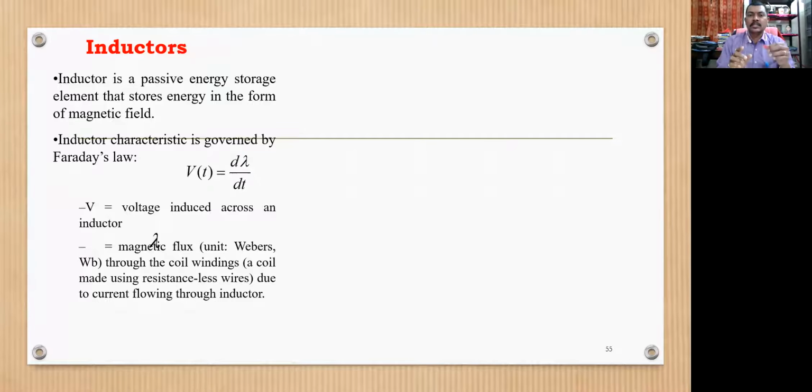We have studied the chapter electromagnetic induction in 12th, where we studied in depth how magnetic induction can produce electricity. Whenever there is a change in magnetic flux associated with a coil, EMF is generated. This was the basic definition. So this is called an inductor.